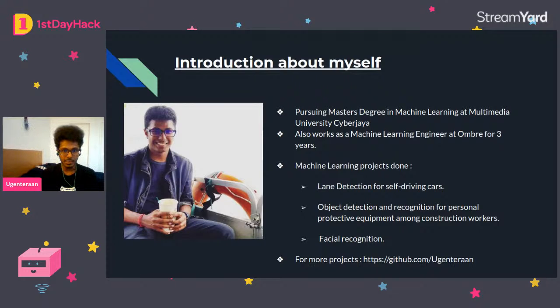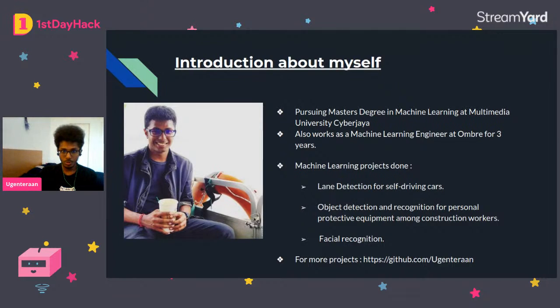And object detection and recognition for PPE, which means personal protective equipment like helmets, vests, gloves, and so on, among construction workers. And a simple facial recognition software for a hobby. If you want more of the projects that I've built, they're on my GitHub, and you can see the link there. It's always free for you to use.